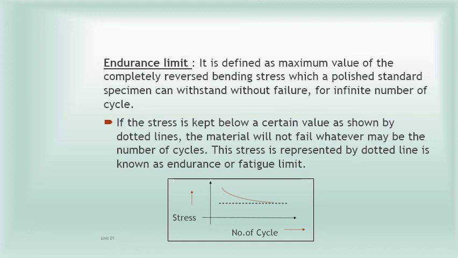This stress, represented by the dotted line, is known as the endurance limit. That means in actual practice, while designing any component, if you consider the endurance limit of that component, it may ensure the safety of that component.